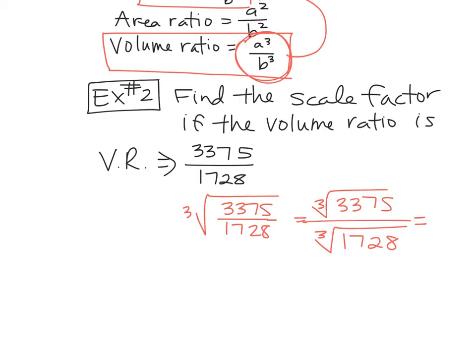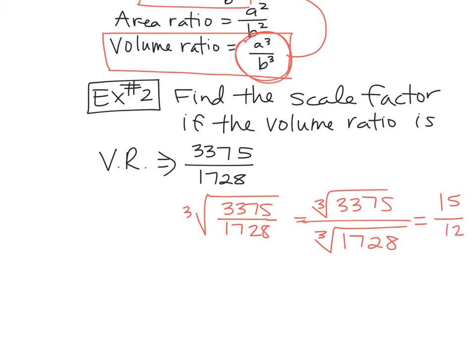But for this, can anyone tell me what's the cube root of 3,375? Plug it into your calculator. What do you get? 15. Okay, so that is 15. What's the cube root of 1,728? 12. That would be 12.